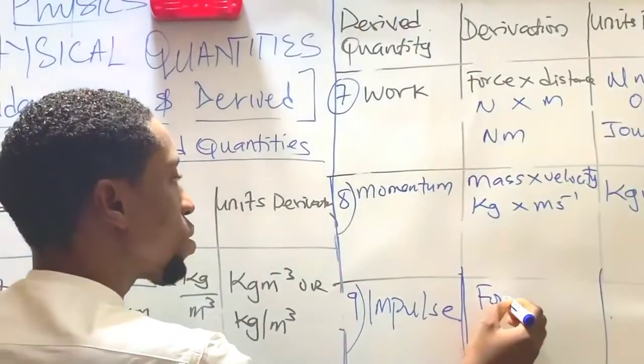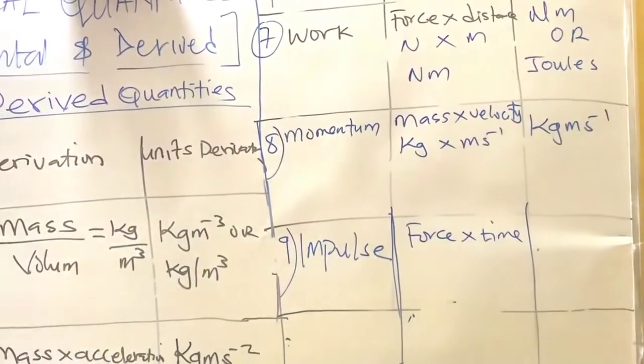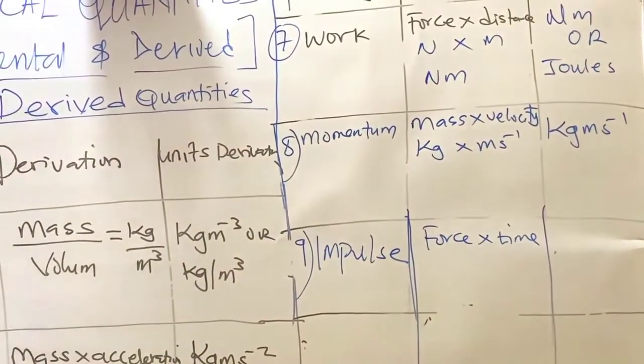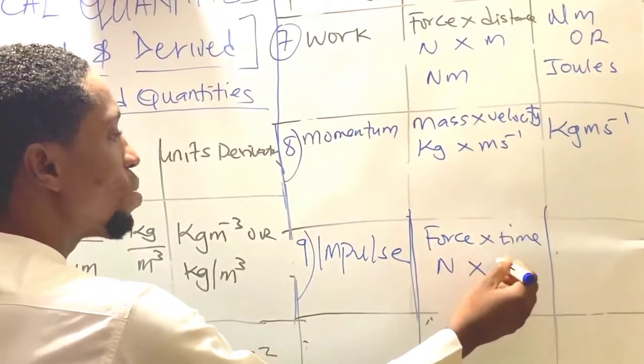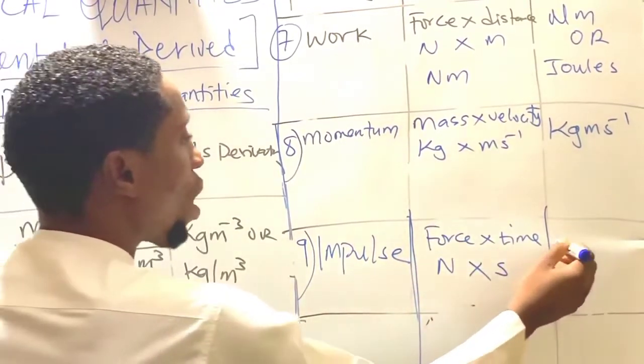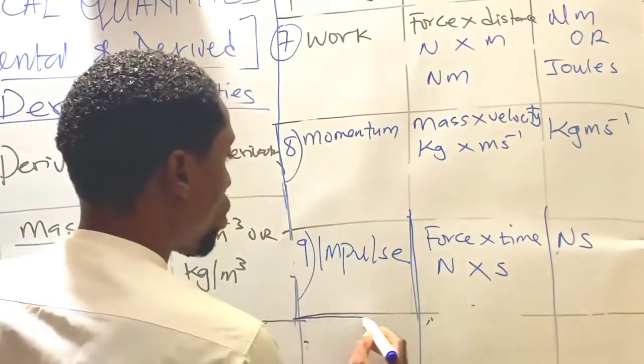Impulse is force times time. So force is measured in what? Newton. Time is measured in what? Seconds. You're going to have Newton seconds as the SI unit of impulse.